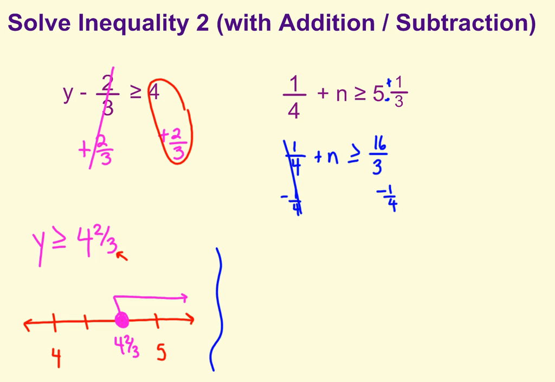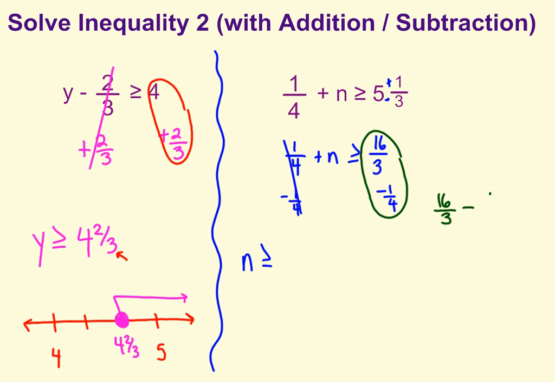Here, I'm going to separate my problems. So we know that n is greater than or equal to whatever 16/3 minus 1/4 is. Now when we do this fraction work, you have to write the 16/3 first. So 16 over 3 minus 1 over 4. We're subtracting fractions, which means you need a common denominator. So between 3 and 4, we can multiply and get those up to 12.